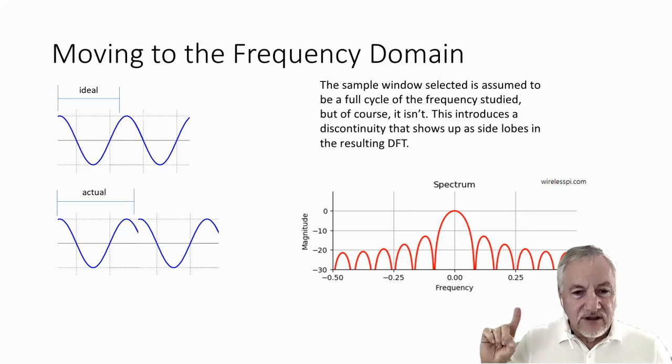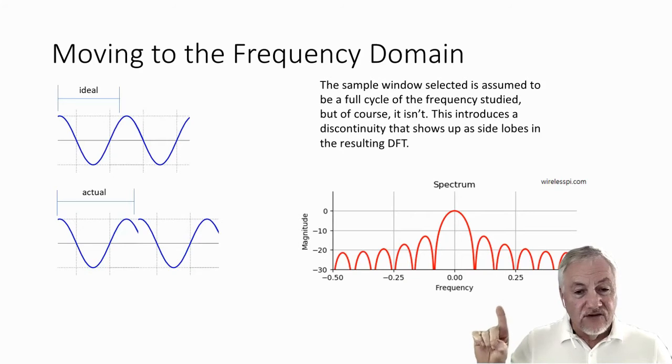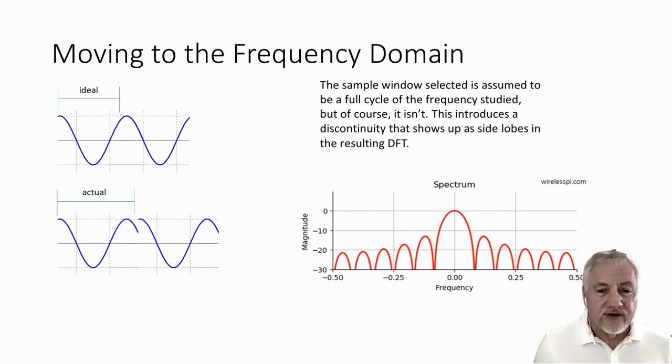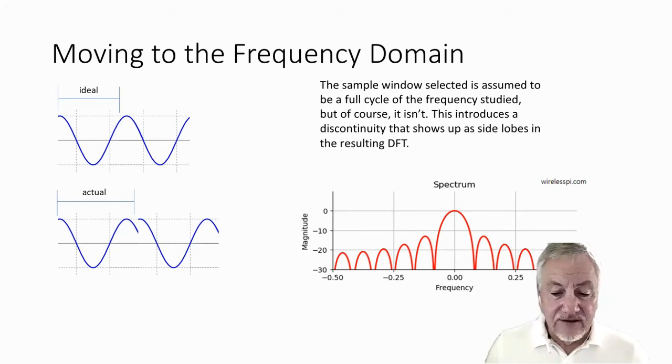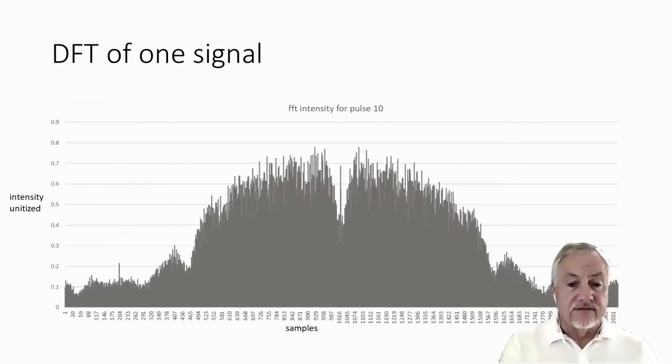That's what you see around the center. There's a large center lobe, which we call the main lobe, and then smaller and smaller side lobes out to each side of it. Those are the results of the math, not the frequency contained in the data itself.